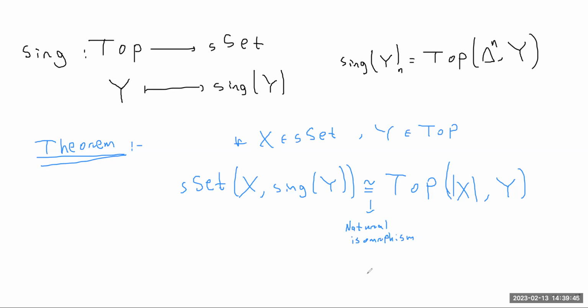Now, how to prove this? It would be a good exercise to take a map here and try to see what happens. But it's easy to see why it's right for delta n.